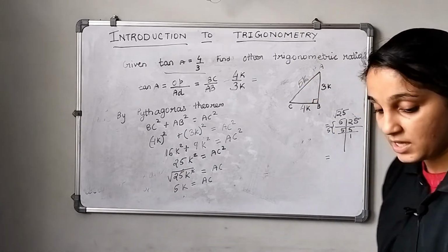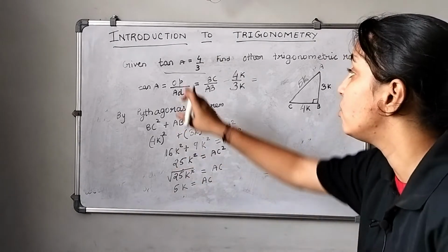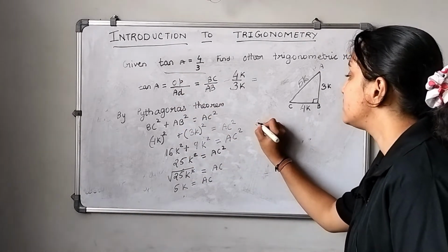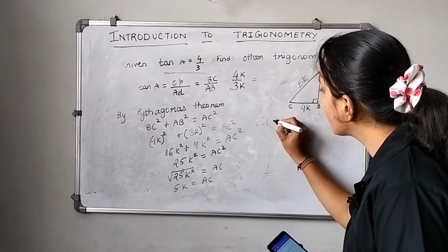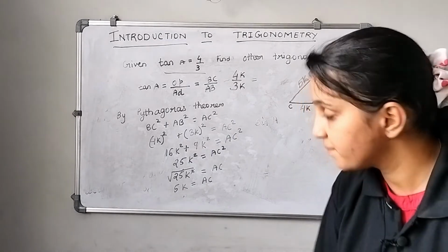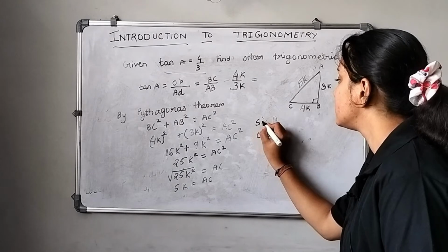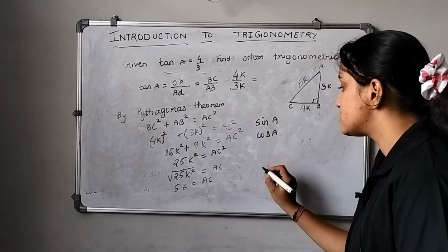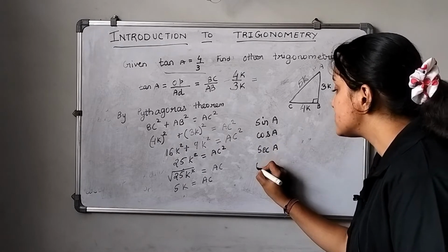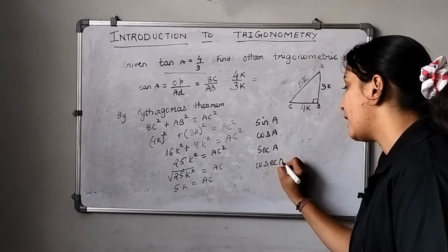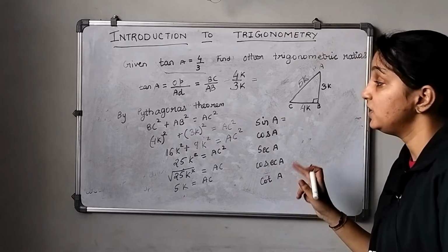Suppose now they have told us to find the other ratios. We already have tan A. So we have to find sin A, then cos A, then sec A, cosec A, and cot A. Always write the definition in full form.